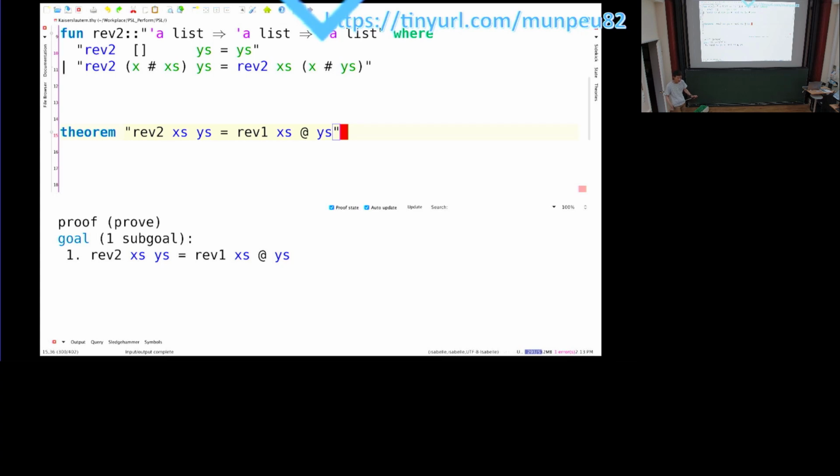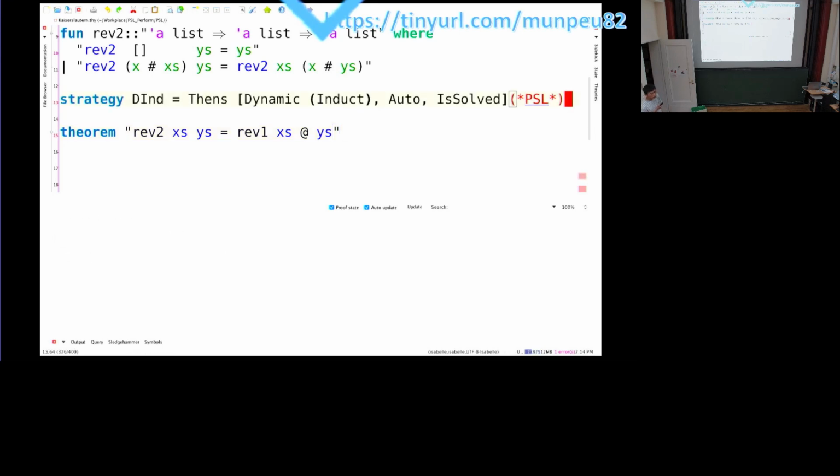Often when we write proofs, we have rough ideas about how to attack proof goals, but we don't know the exact steps. So I made a domain-specific language called PSL, which stands for Proof Strategy Language. Strategies written in PSL are rough ideas about how to attack proof goals. It doesn't tell exactly how we should write proofs.